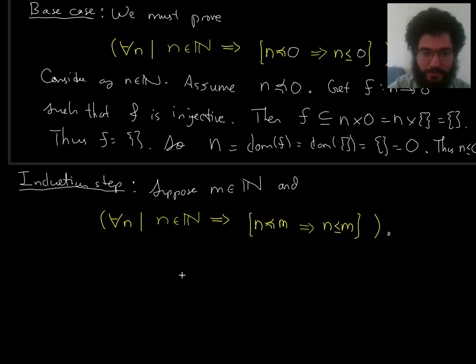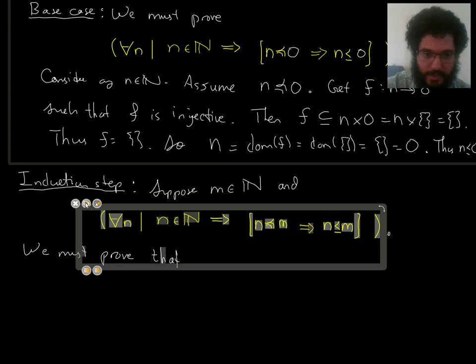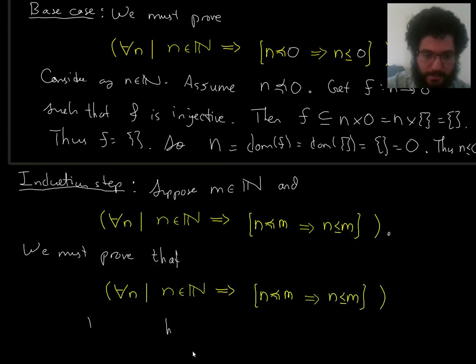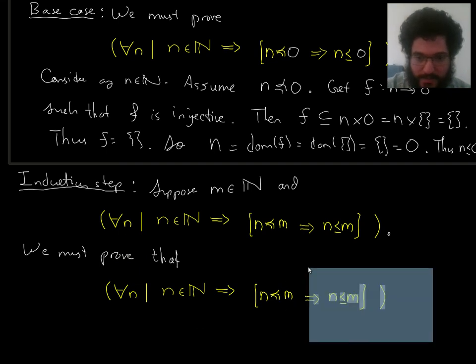Or next m, however you want to write it. So now we must prove that, and then the same thing here, duplicated without extra letters, but with the m's replaced by m plus 1s.